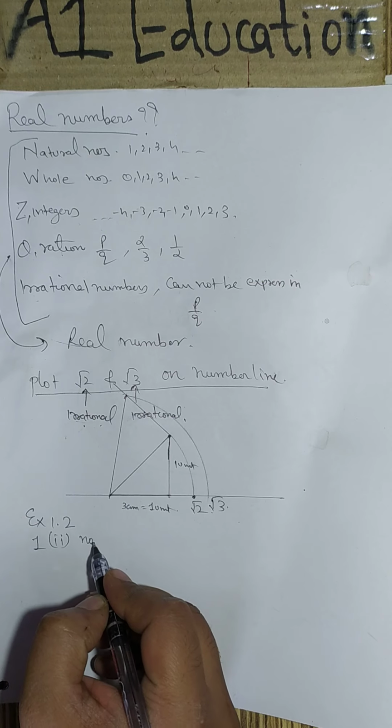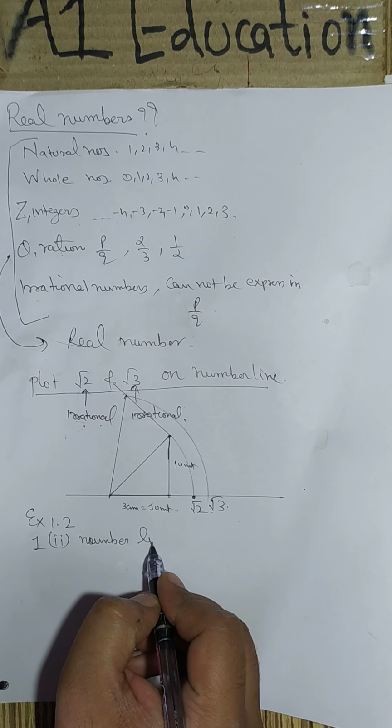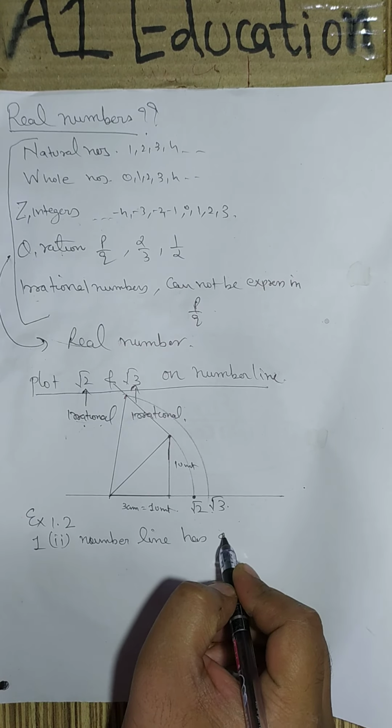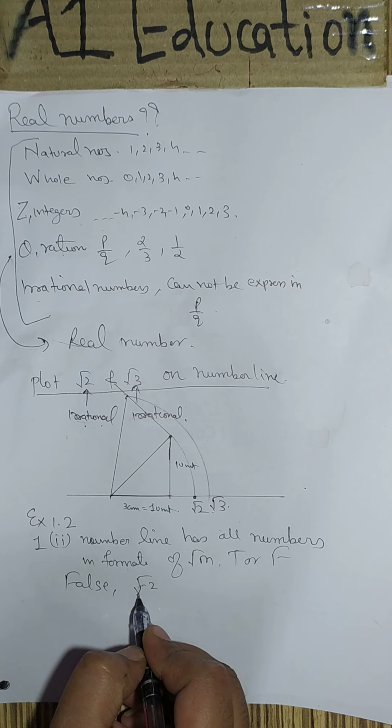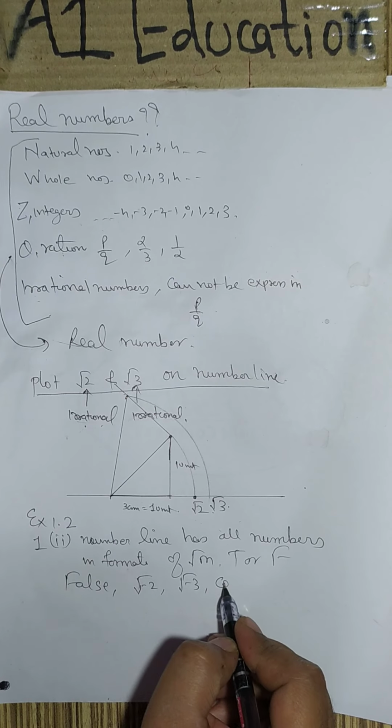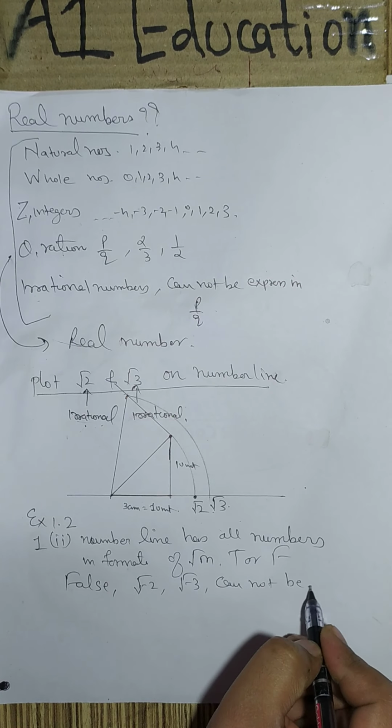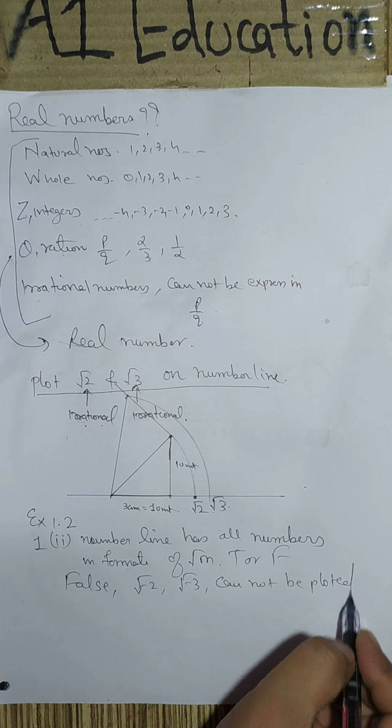It means that the number line has all numbers in the format of root m. True or false? Obviously it is false, because square root of -2 or square root of -3 cannot be plotted on the number line. It is very difficult to find out the values of root of -2 and -3.